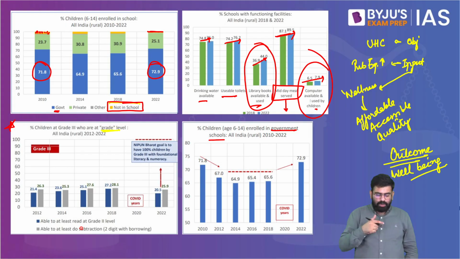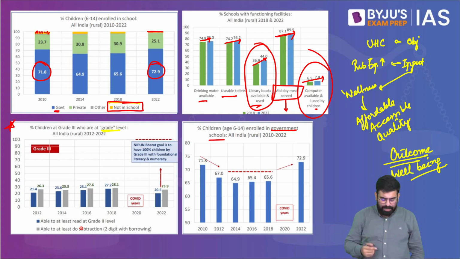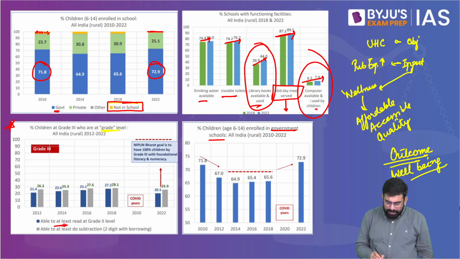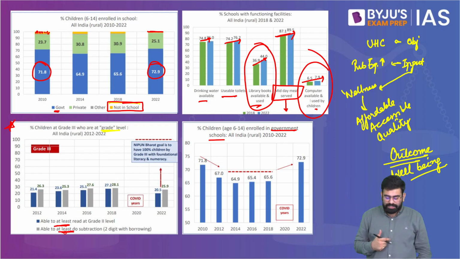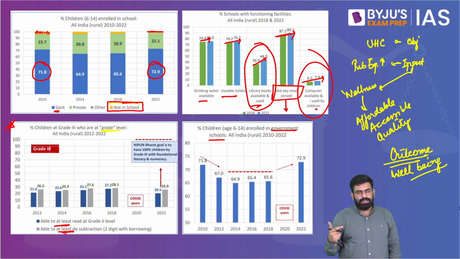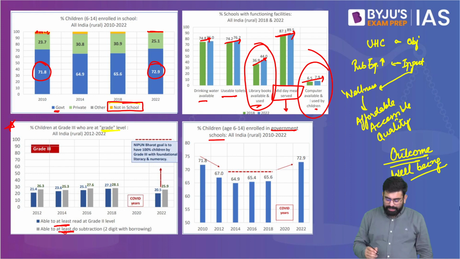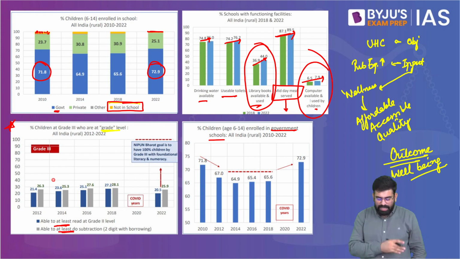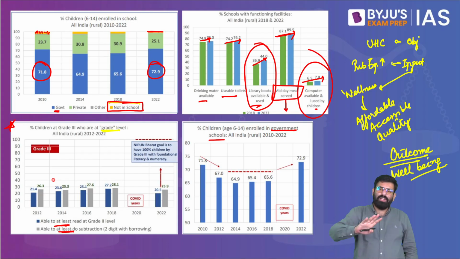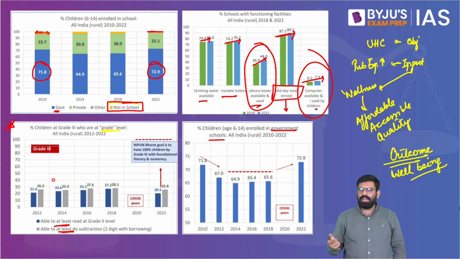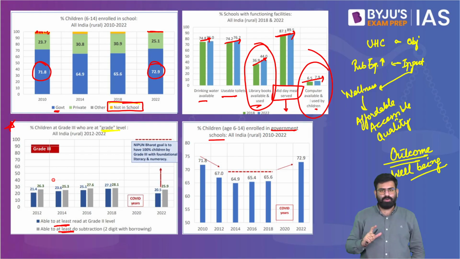Out of all the other learnings, they primarily focus on the ability to read and the ability to do subtraction in third standard. Looking at these outcomes, you find that they are in the range of 20, 25, 26. That means if 100 students are sitting in the class, only 25% are able to absorb something out of it.